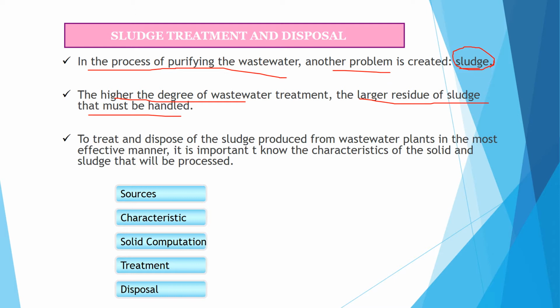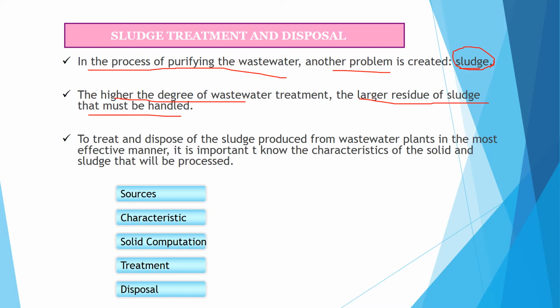So the higher the strength of wastewater treatment, the larger the amount of sludge produced from the wastewater that needs to be handled. So to treat and dispose of sludge produced from the wastewater plant in the most effective manner, it is important to know the characteristics of the solid and sludge that will be processed.